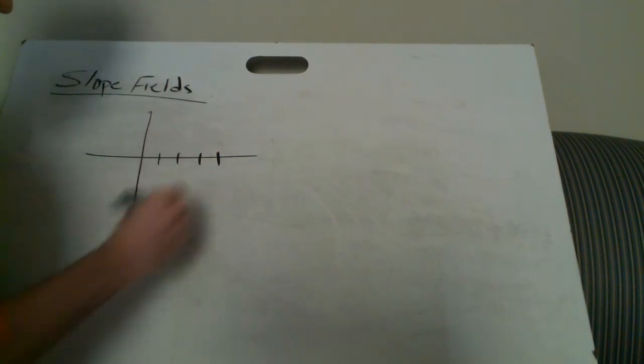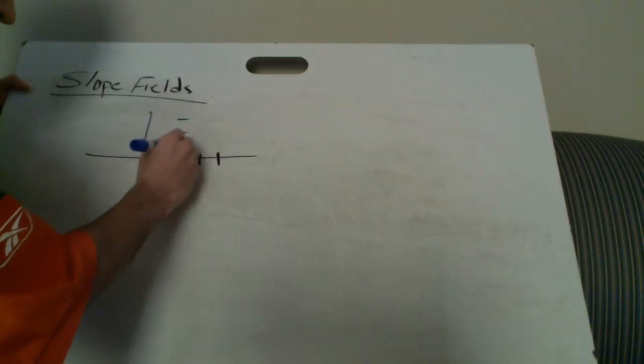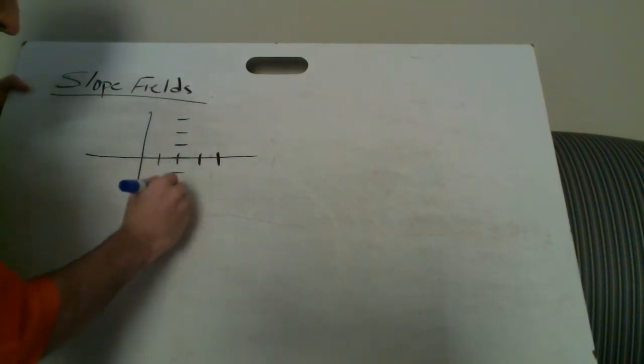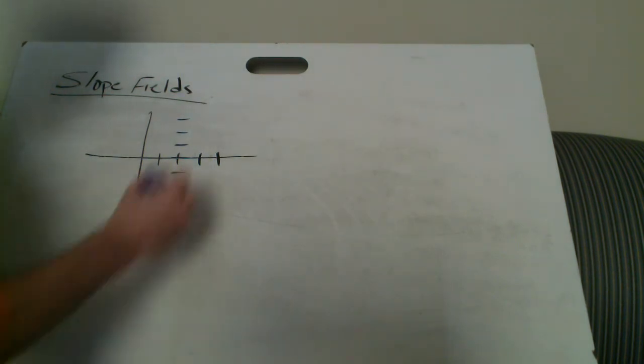Here's the given picture that we're going to start with. Let's see here. I've been using these blue lines for the slopes, so let's do that. We have a nice horizontal slope of 0 here, whenever x is equal to 2.